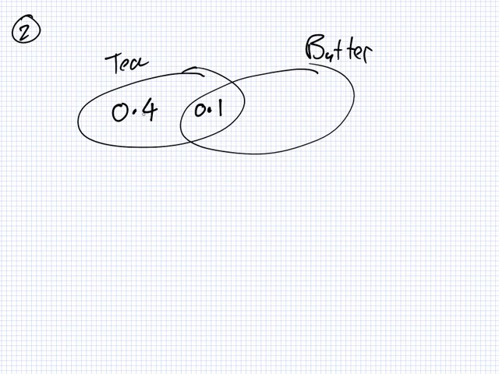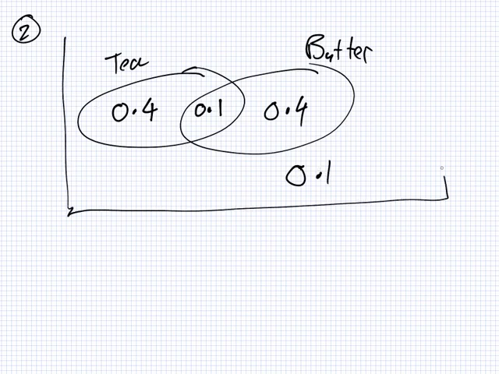The probability that the teacher will choose to have toast with or without butter is also 50-50. So here it must be 0.4. So how many times will the teacher not have tea and not have butter on the toast? 0.1. Okay. So from reading the question, this is the information.